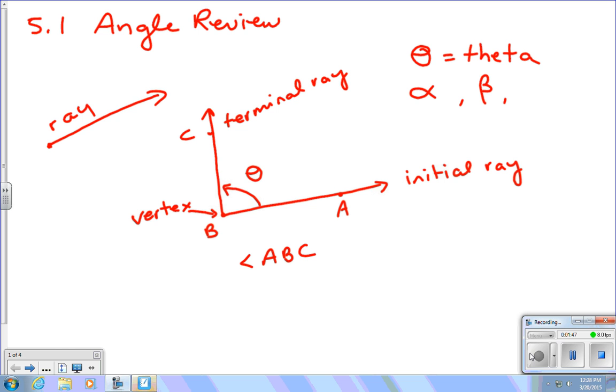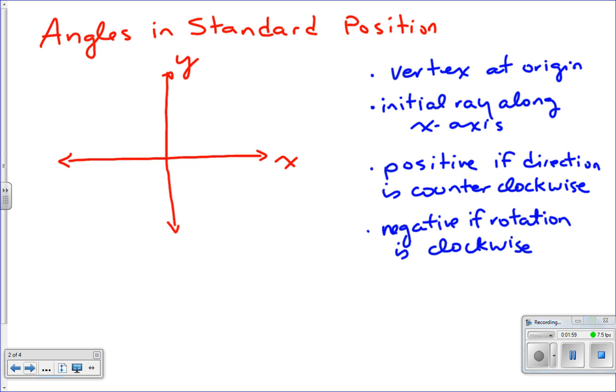Okay, and we can say that its value, that angle ABC, is equal to theta.